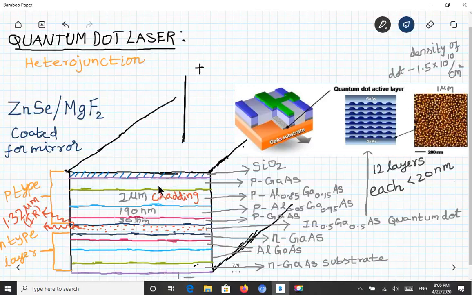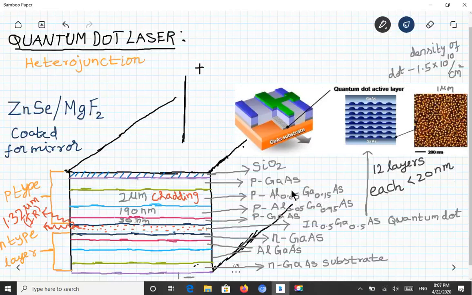The first layer is the gallium arsenide, which is the P type layer, and the second layer I have denoted as cladding. We will come to what is meant by cladding and why we need the cladding after this. This layer, which is the P type, is made up of aluminum gallium arsenide, and here you see the ratio 0.85 and 0.15.